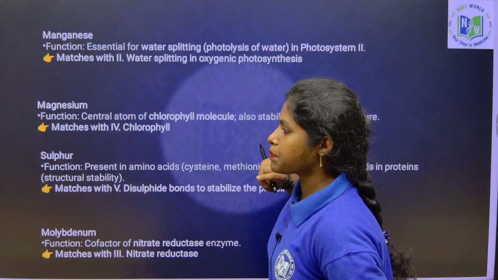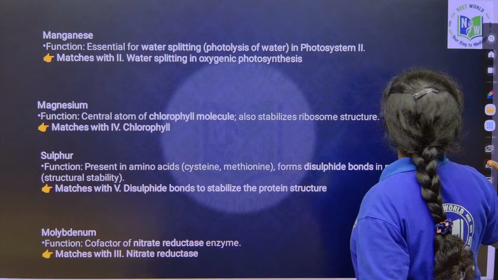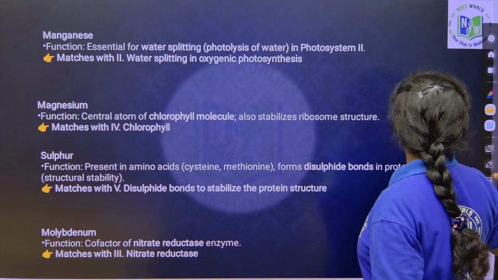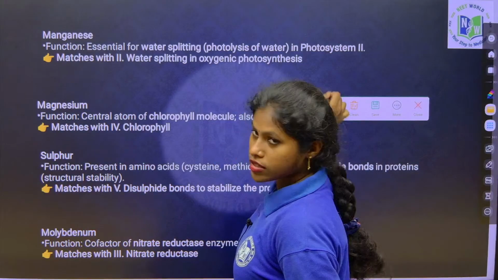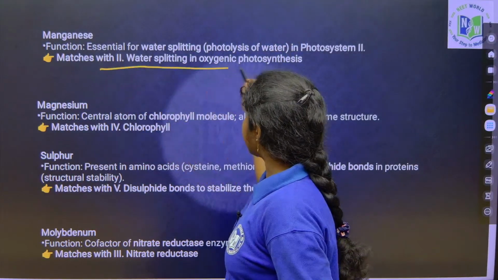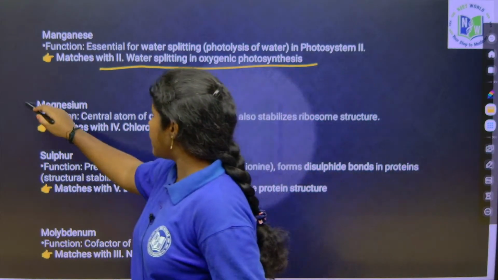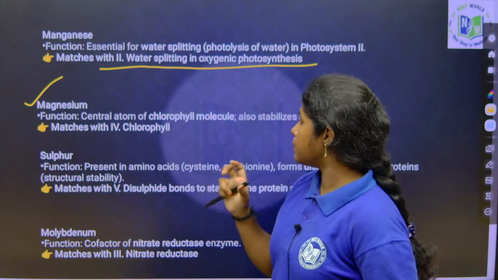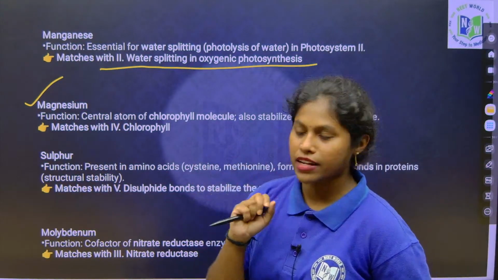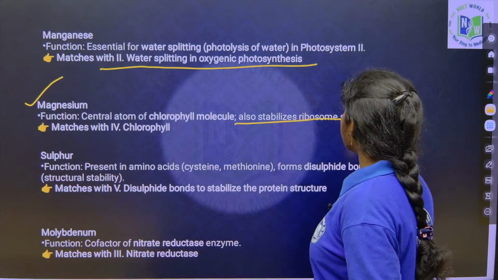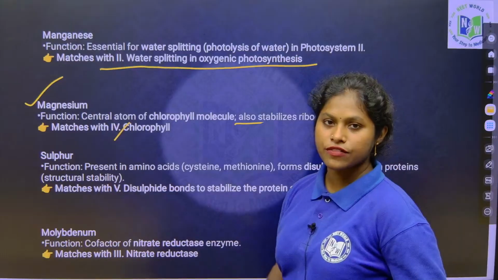So here is the explanation, students, same as before. Manganese is the main essential element for the splitting of water, or photolysis of water, in photosystem 2, and that is why we matched it with water splitting in oxygenic photosynthesis. And magnesium is an important element present in the structure of chlorophyll as the central metal ion, right? It also stabilizes the structure, that is why we matched chlorophyll with magnesium.